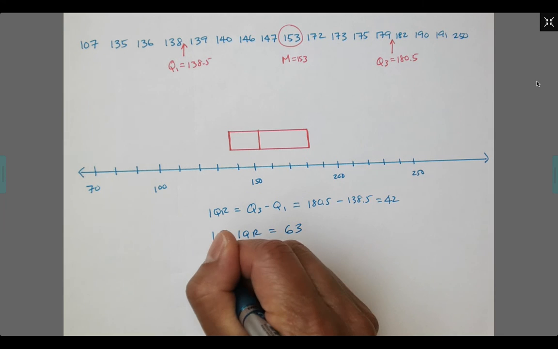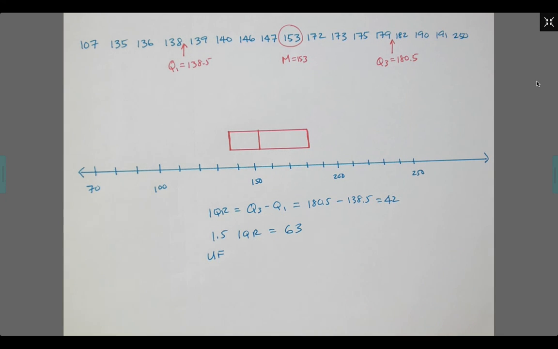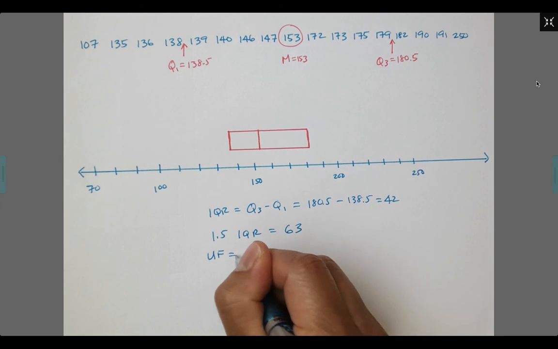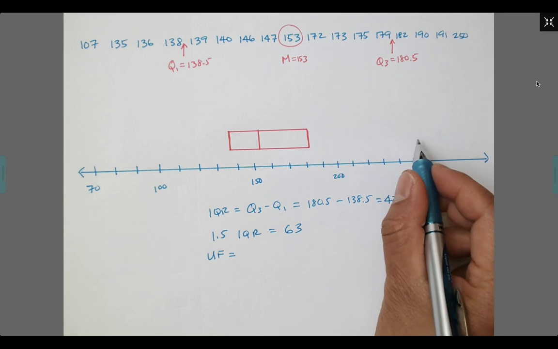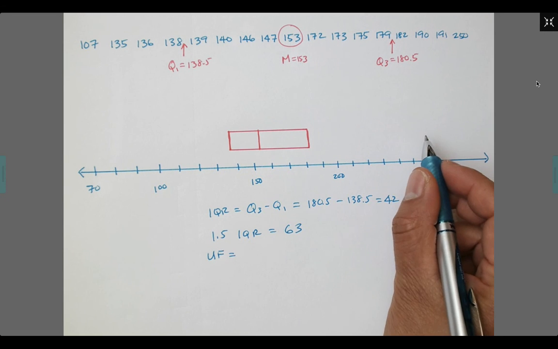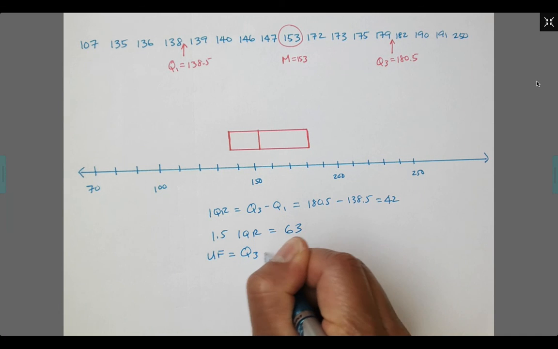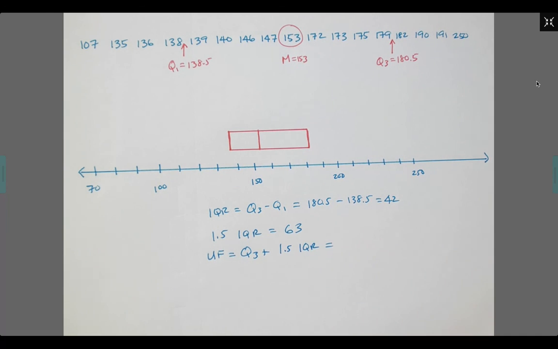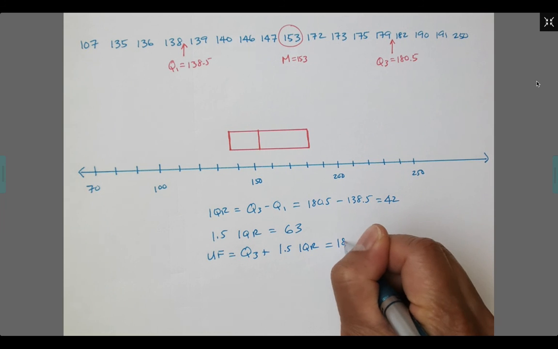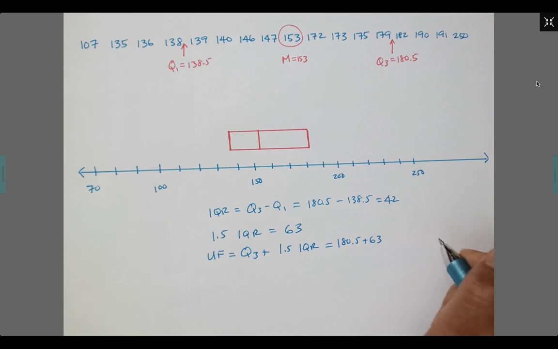Okay, so my upper fence, which is my upper threshold, so anything greater than my upper fence is a high outlier. So my upper fence is just, I'm going to go from Q3 and go further by 1.5 times IQR. So it's Q3 plus 1.5 times IQR, which is 180.5 plus 63.